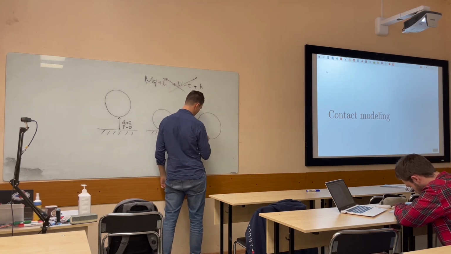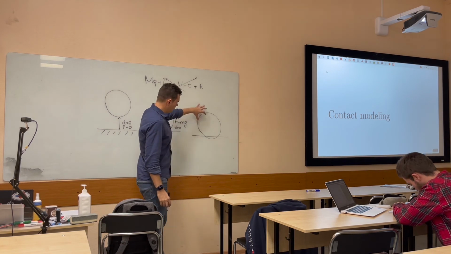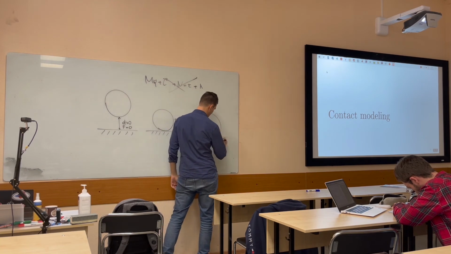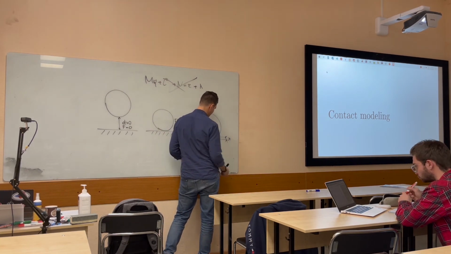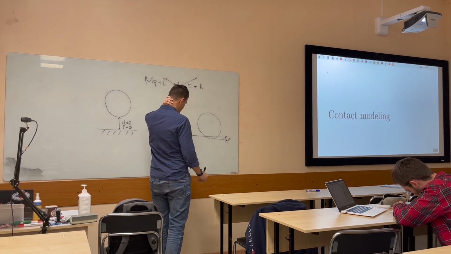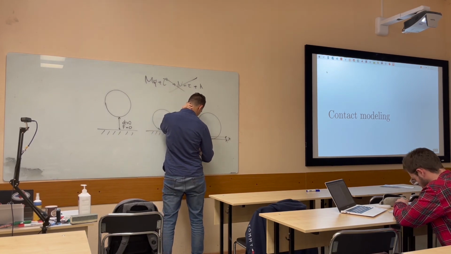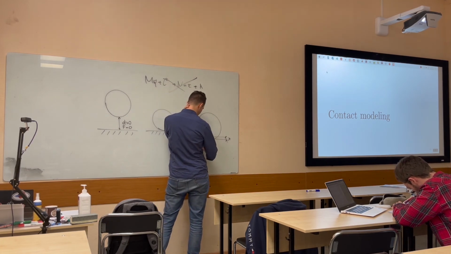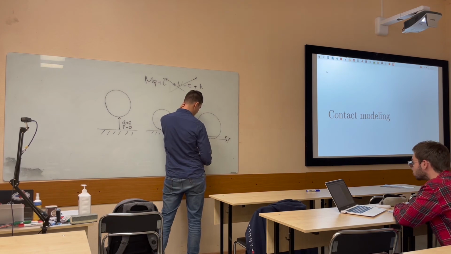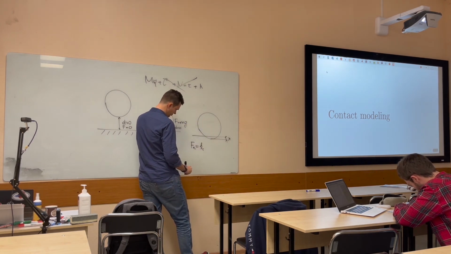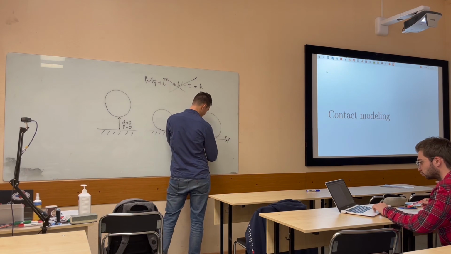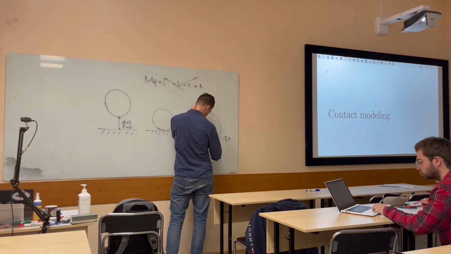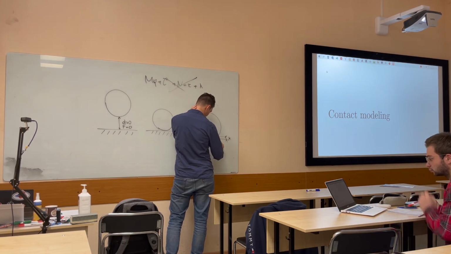It's like your model penetrates another object by some distance x, and we model the normal force as the coefficient of stiffness times this penetration plus the coefficient of damping multiplied by x dot.